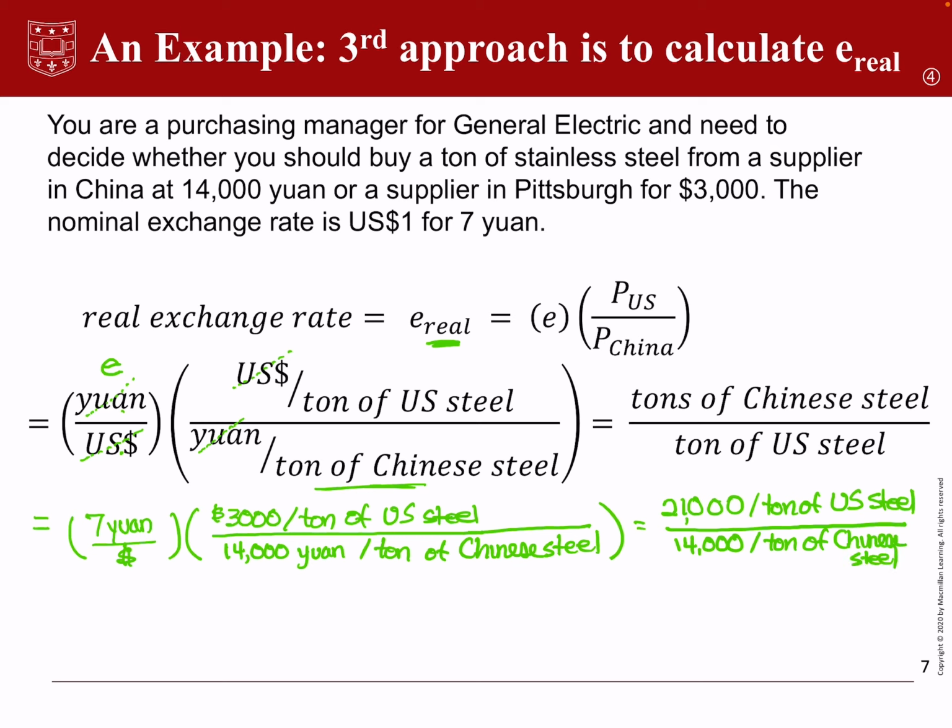And if we do that division problem, what we're left with is the real exchange rate is equal to 1.5. 1.5 what? 1.5 tons of Chinese steel is what we could get every time, at this nominal exchange rate, we traded a ton of US steel.